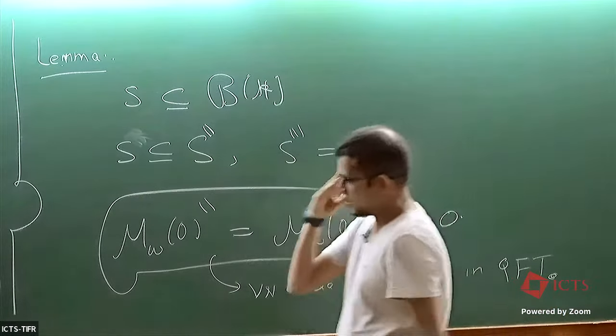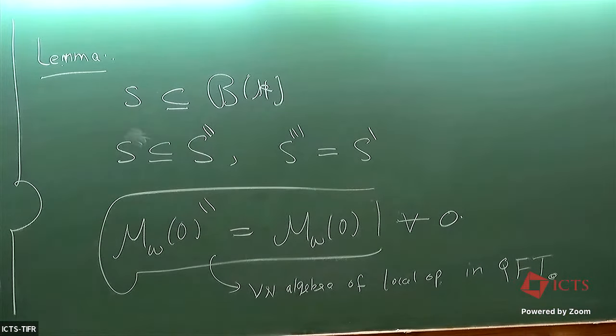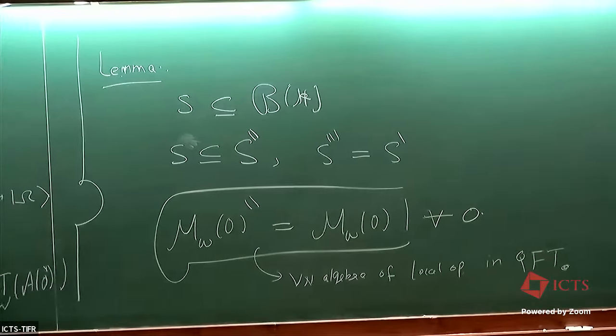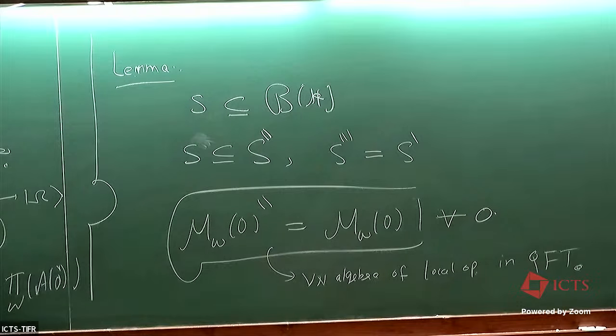Remember, a von Neumann algebra is a subalgebra of bounded operators on the Hilbert space. That is just the definition. I was trying to tell you how we get this from what we started with, which was some abstract algebra corresponding to polynomials of field operators.